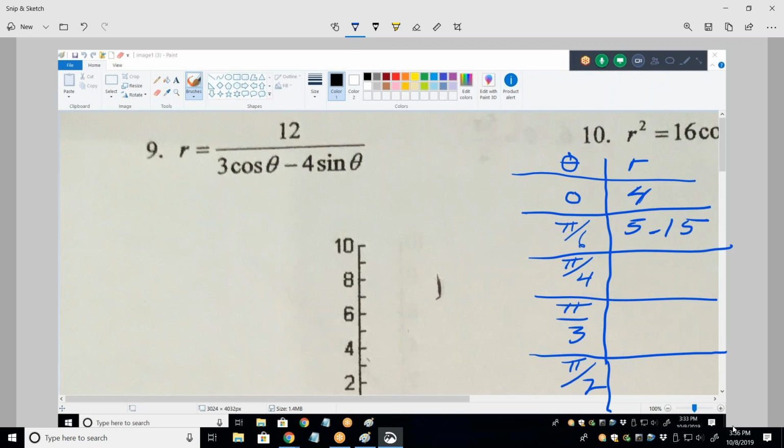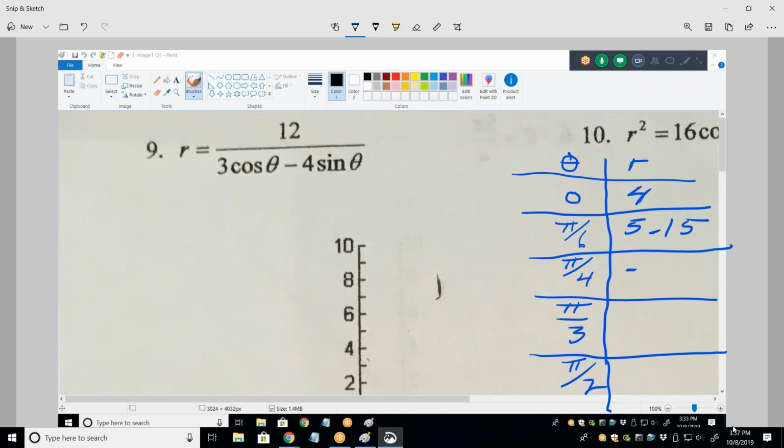That's right. It should be just a negative root 2 over 2, which should be 24 over root 2. Does that come out to be? I think it's negative, isn't it? Yeah, it's got to be.